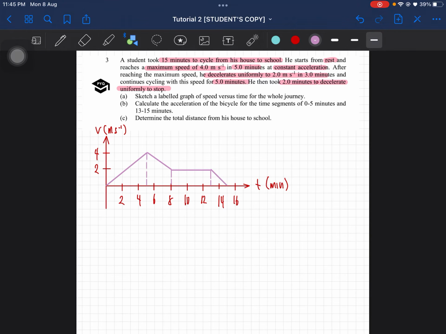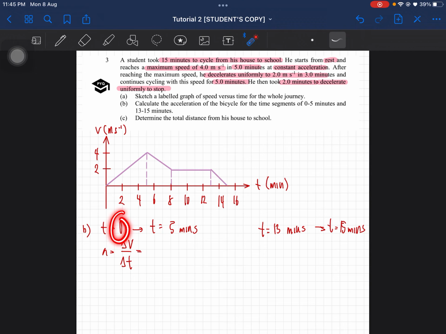Okay, and then we have to calculate the acceleration. So the acceleration of the bicycle for the time segments of 0 to 5 minutes, and then 13 to 15 minutes. Okay, so the acceleration can be calculated using delta v over delta t.